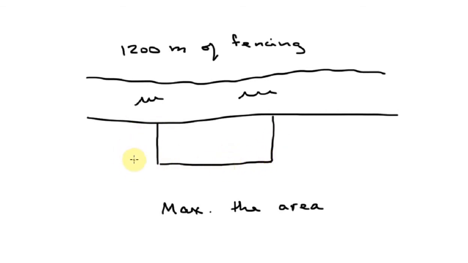So I'm going to start with labeling the sides. These are the things we would ultimately like to solve. I'm going to call this W for the width, and of course it's supposed to be exactly the same length over here. And then across the one long side here, I'll call that the length.